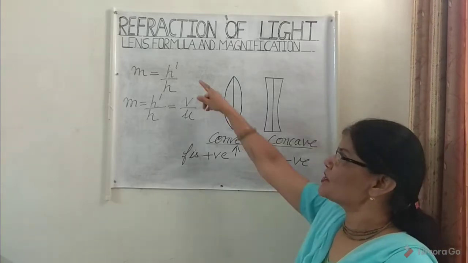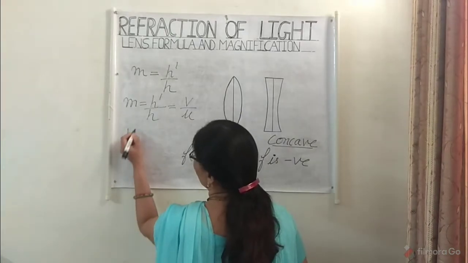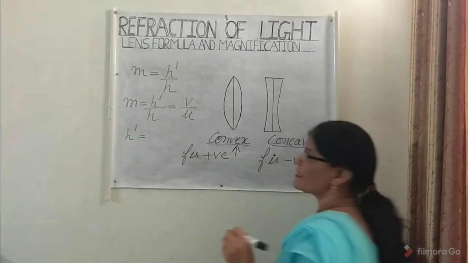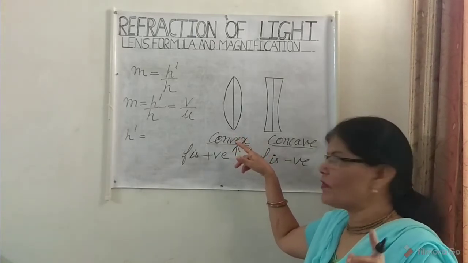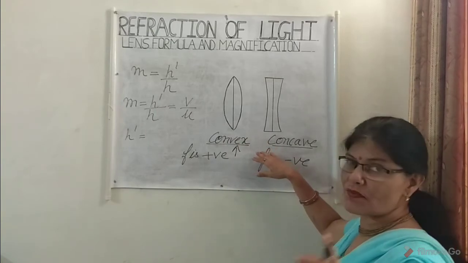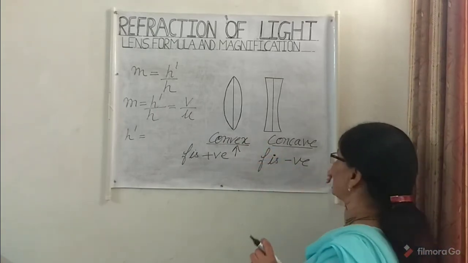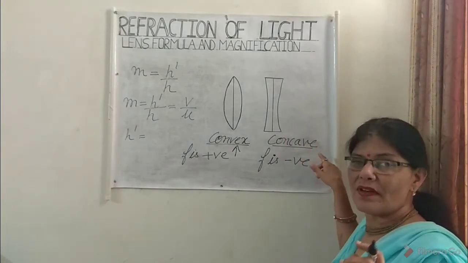It means h dash is negative. So h dash is negative for convex lenses except for one case, and h dash is positive for concave lenses.